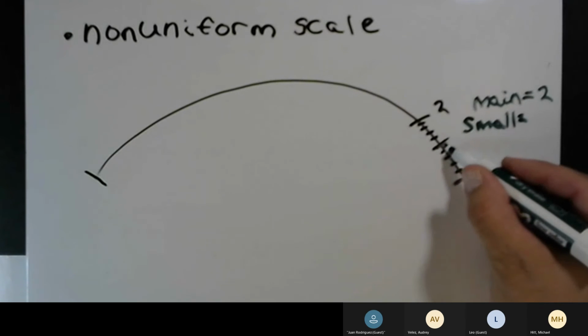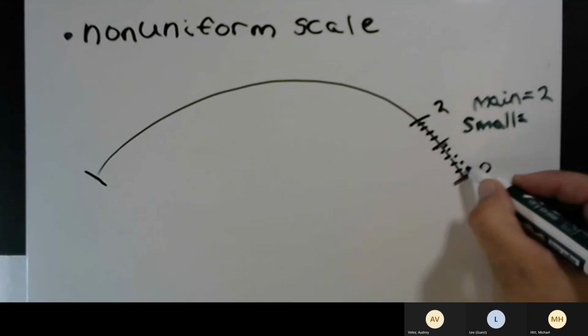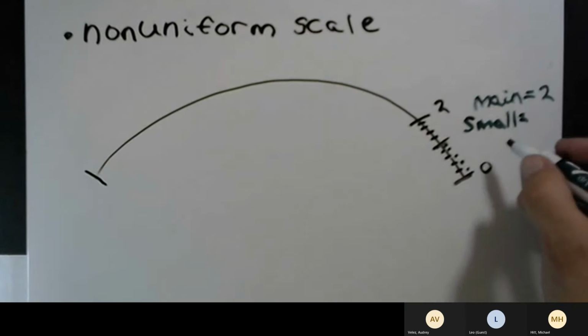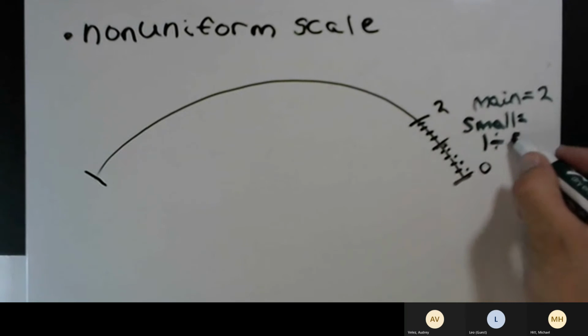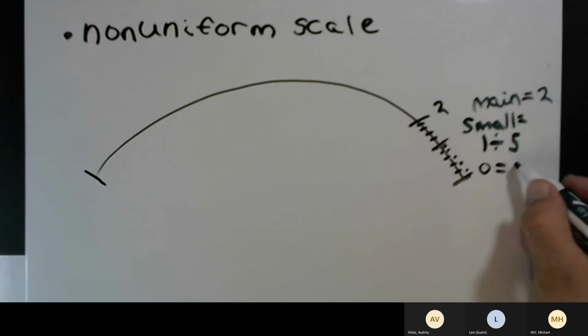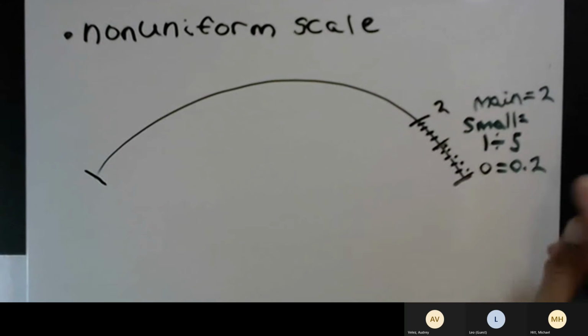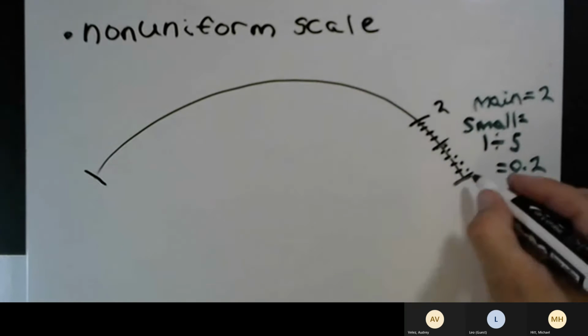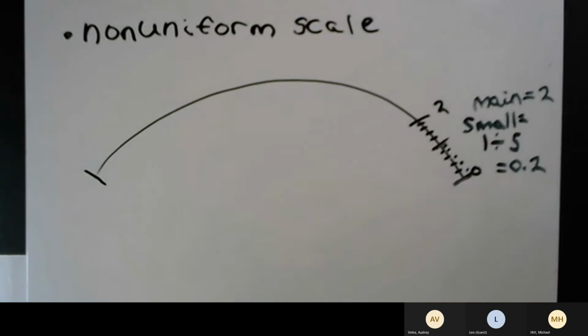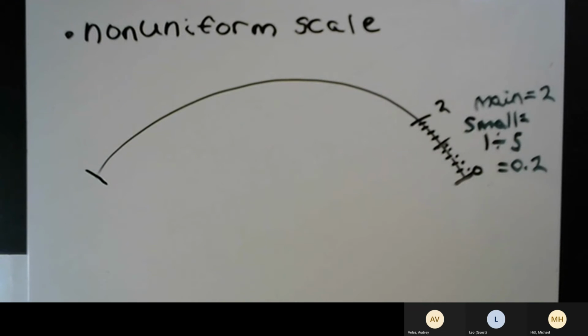So it's divided into 1, 2, 3, 4, 5. So it's going to be 1 divided by 5, or 0.2. So that's one way this goes.